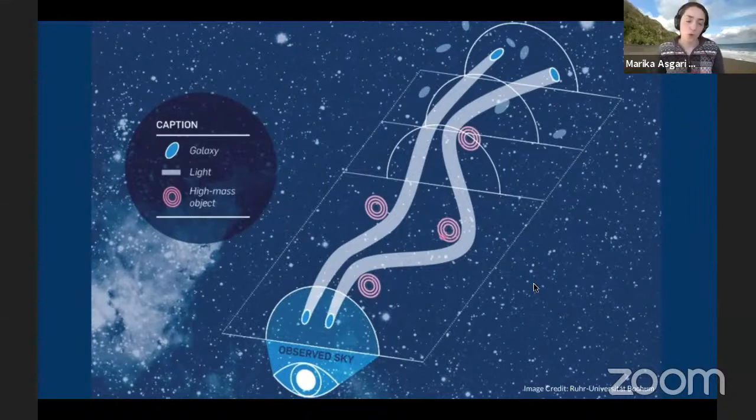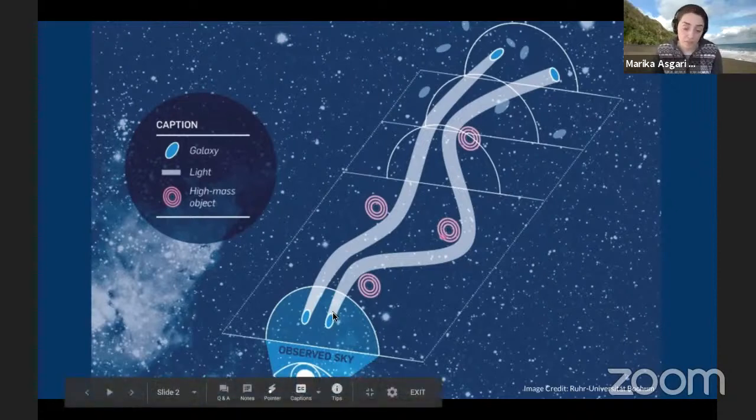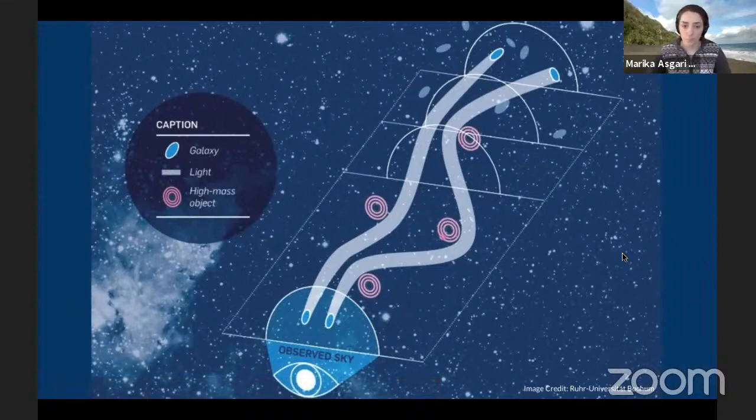So now if you observe the image of this galaxy, it's going to be different from the intrinsic shape of the galaxy. Now imagine you have two such galaxies in the background, and their light passes by similar structures, so they're similarly distorted, creating a correlation between the observed shapes. And this correlation is what we measure as the cosmic shear signal.